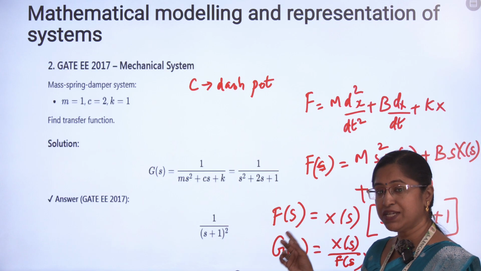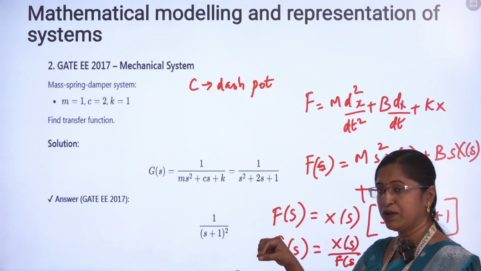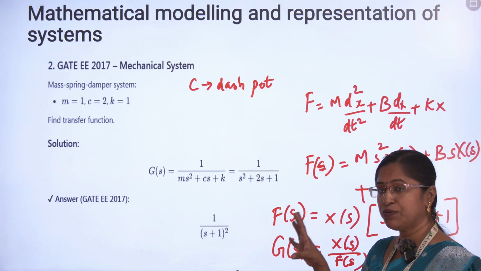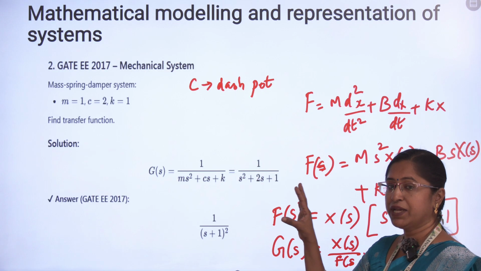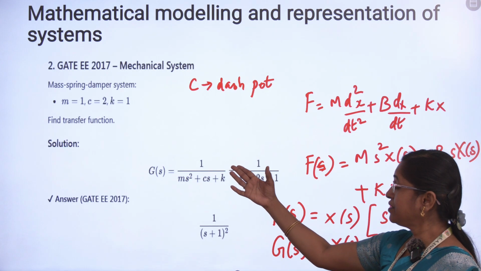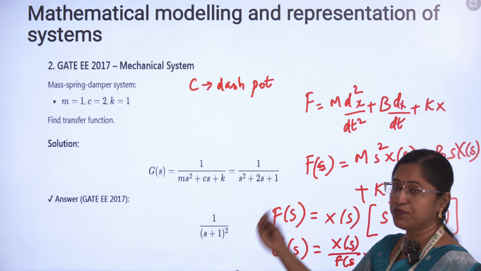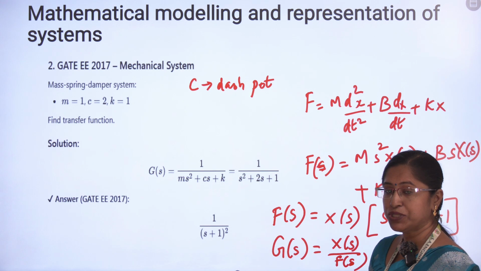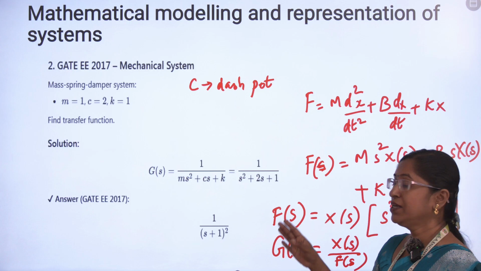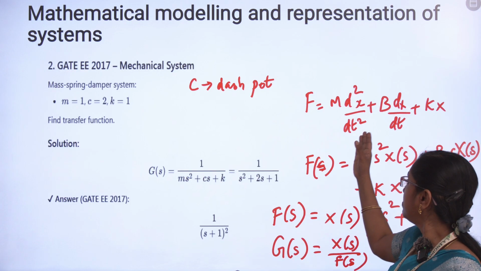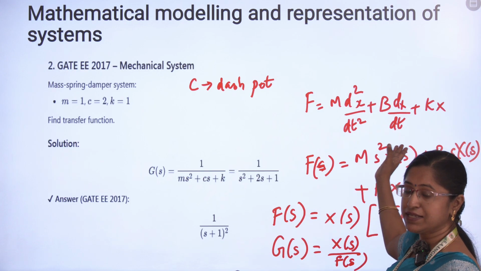As we have seen in the previous slide, the governing equation when you have mass, dashpot and spring for a mechanical translation, they have not specified whether it is translation or rotational, but whatever it is, the equation is F is equal to m d square x by dt square plus b dx by dt plus kx.